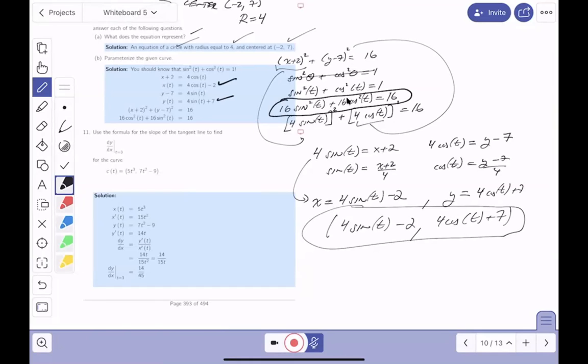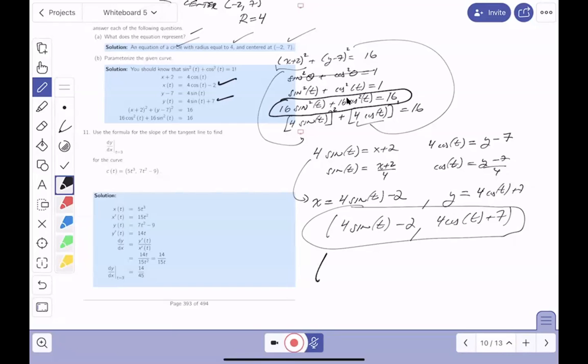I'm sorry. Wait a second. I think I made a mistake somewhere. And let me just take a look what I wrote down. You know what? These can be commuted around, right? So you could actually commute them around.